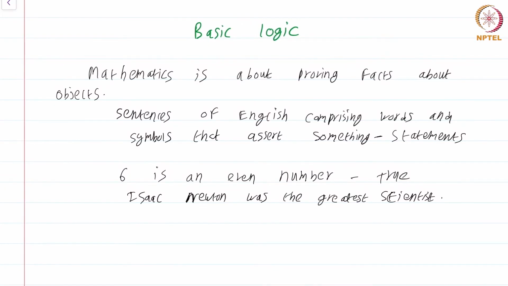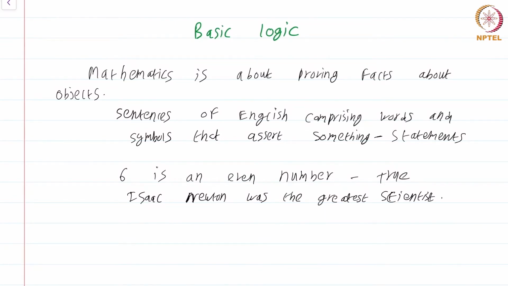Now you might ask, well, why is 6 an even number? That's a fair question. Well, the thing is, mathematics essentially defines what 6 is, defines what an even number is. Then it is the goal of the mathematician to show that 6 is an even number.